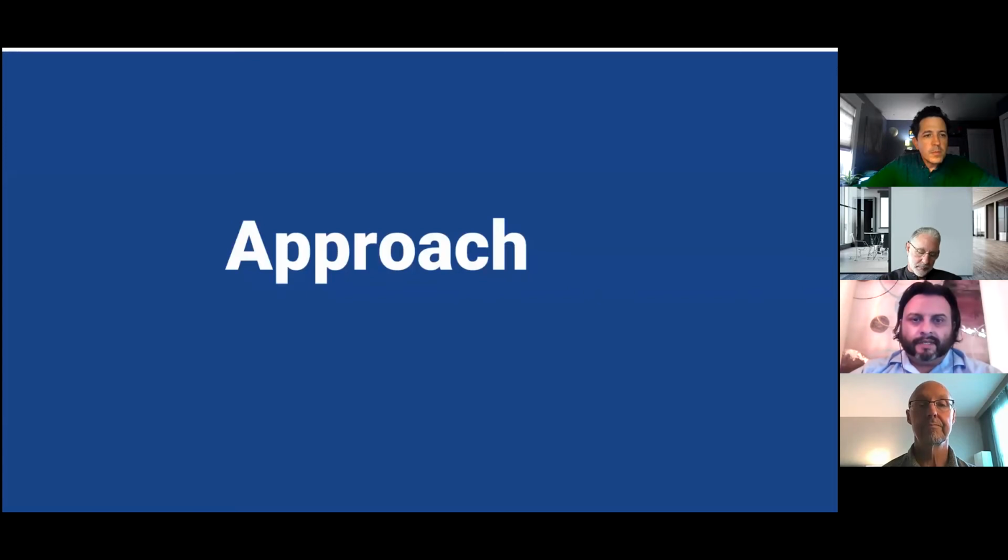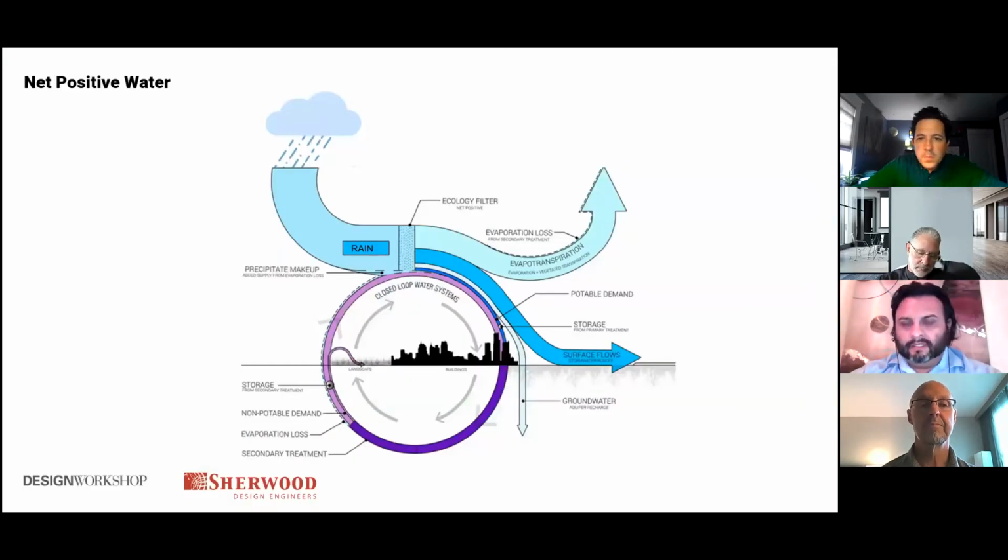From the approach perspective, we want to look at the water cycle and begin to understand how we want to intercept what would otherwise be a closed loop system.